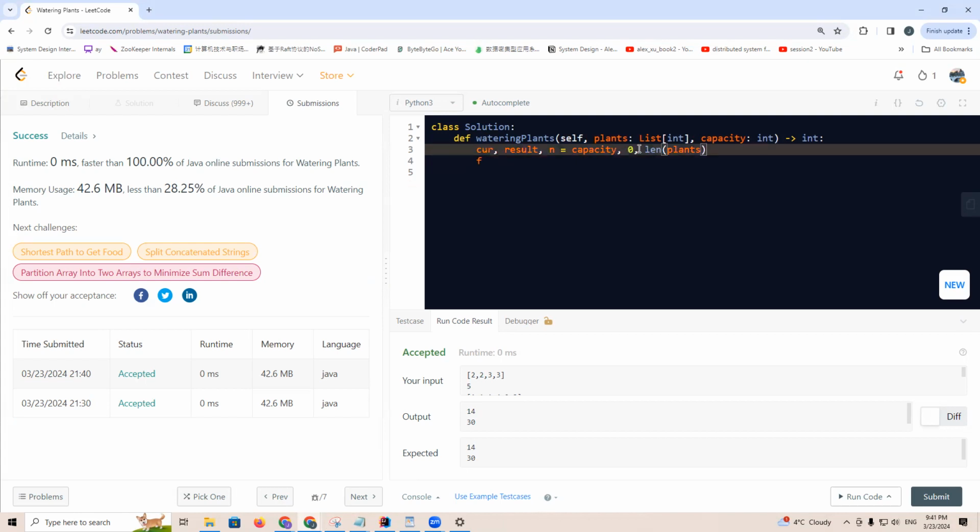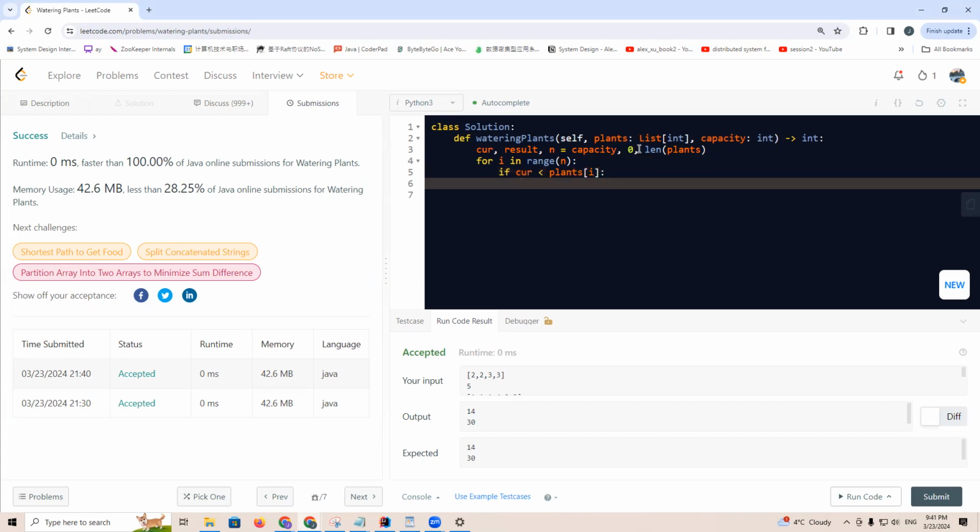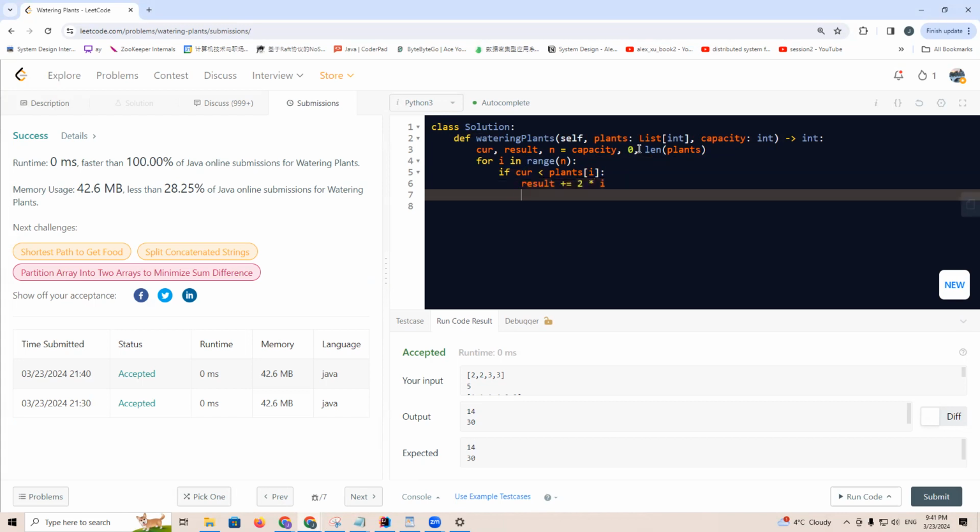So for I in range n, if current is smaller than plants I, then we refill, so our result will add 2 multiplied by I, and also our current equals capacity.